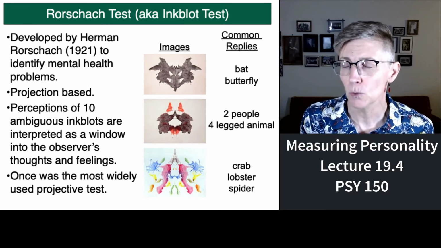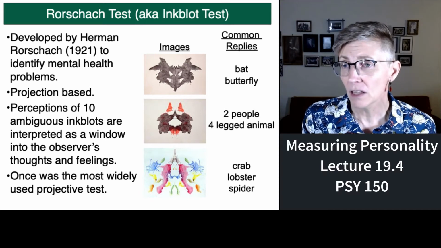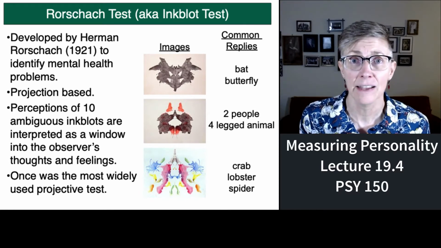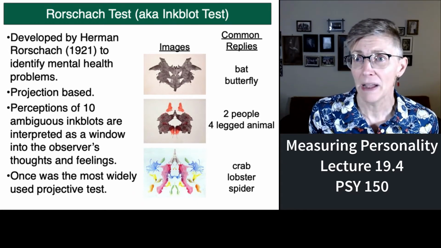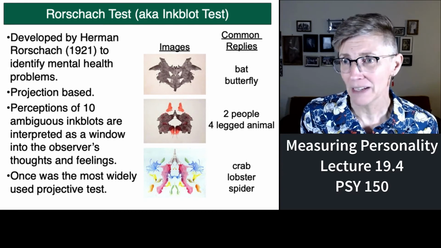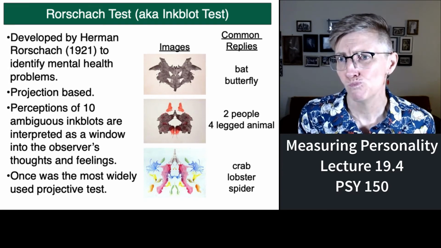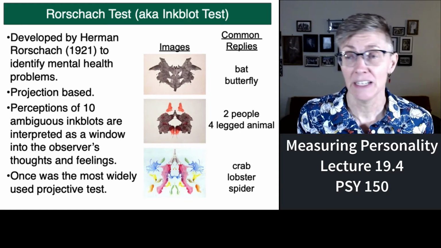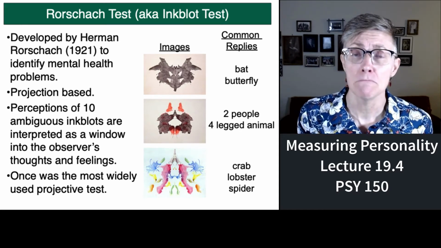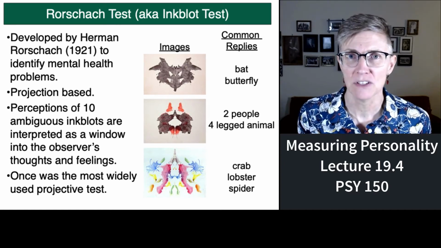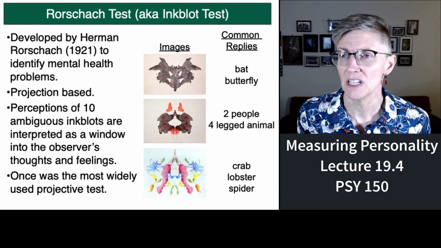So let's look at the one on the top there. A lot of people look at that and say they see a butterfly or a bat. Biology students who have been studying human neurophysiology might say, part of a spine. But what you don't often hear is, I see mom having sex with a postman, right? That would be one of the responses that would get a therapist's attention.